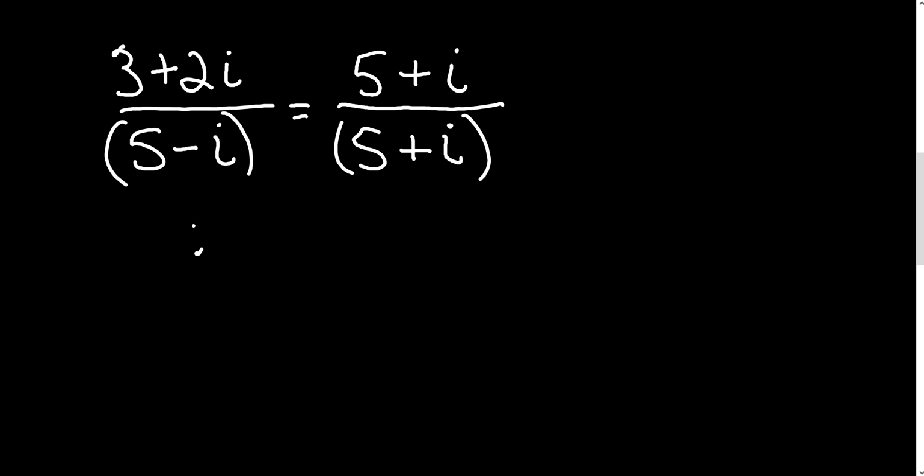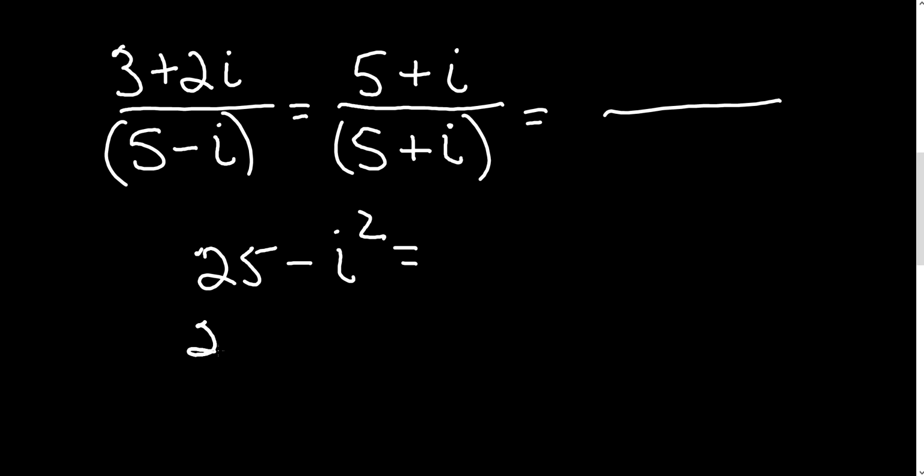So my denominator is going to be 5 times 5, 25, minus i squared. Square the first term, 25, square the second term, i squared, and it's always minus. So again, this is going to be 25 plus 1, which is 26.